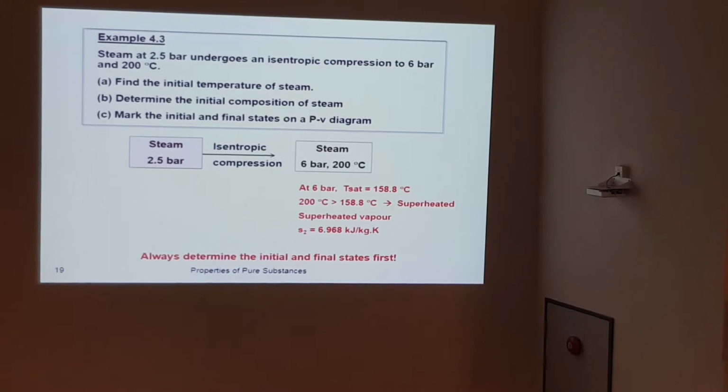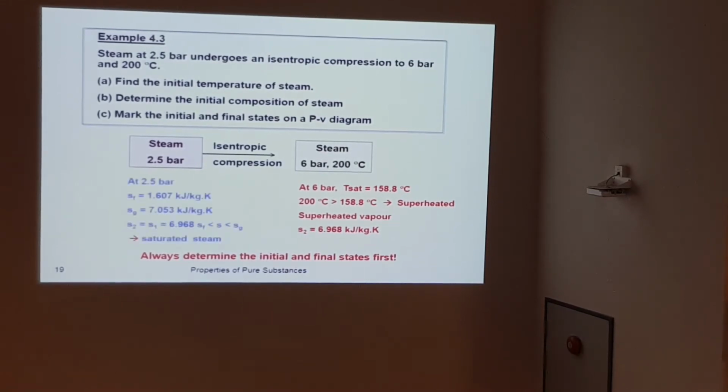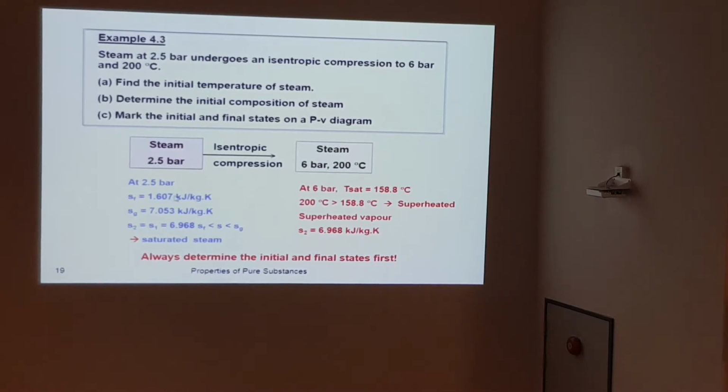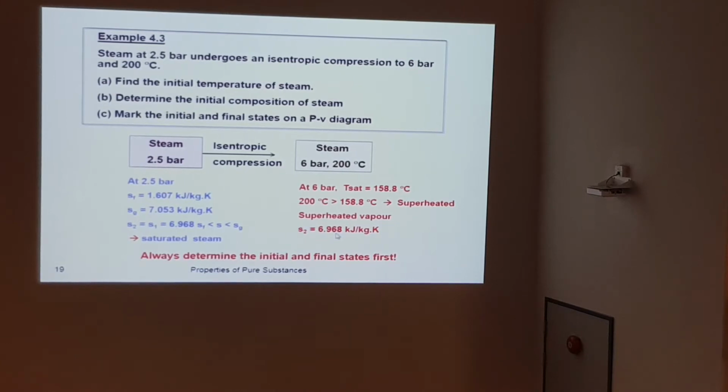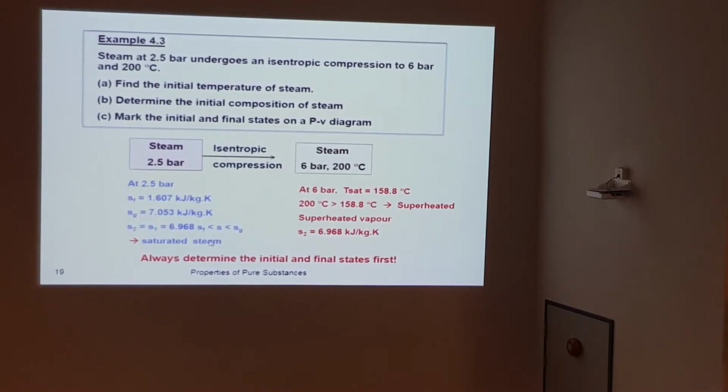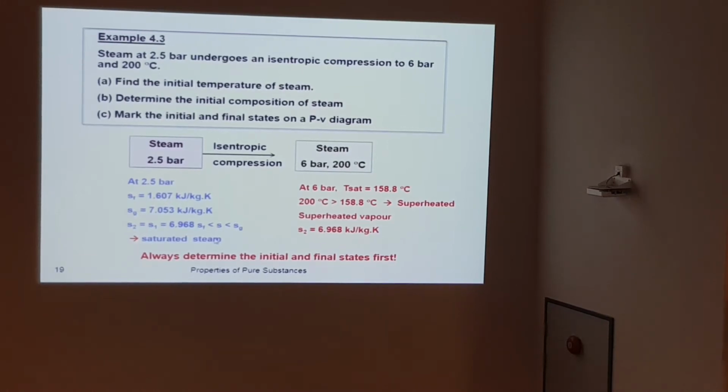Okay, so after you find this, you should go back to your initial at 2.5 bar. You check the steam table, you find for liquid, the value is 1.607. For vapor, it's 7.053. Now this S1 should equal S2, so it means it's in between the two values. So what does it mean? It means it's saturated steam, a liquid plus vapor mixture.